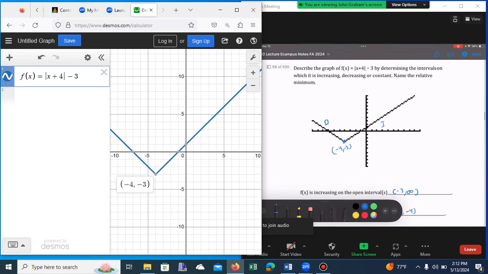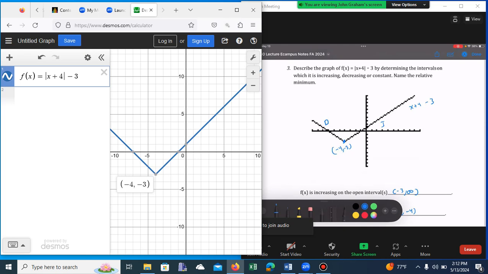Now, absolute value, you break that function into two different functions. The first function is going to be your x plus 4 minus 3. And we see that we have a positive slope.